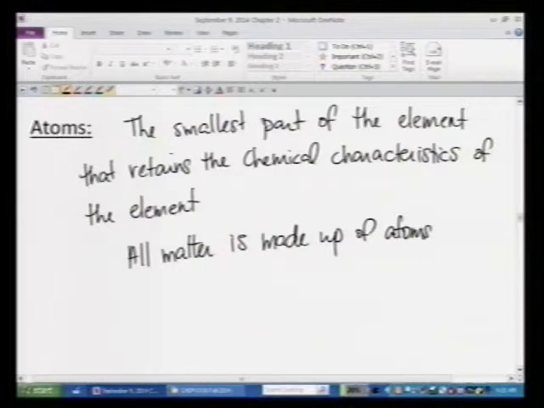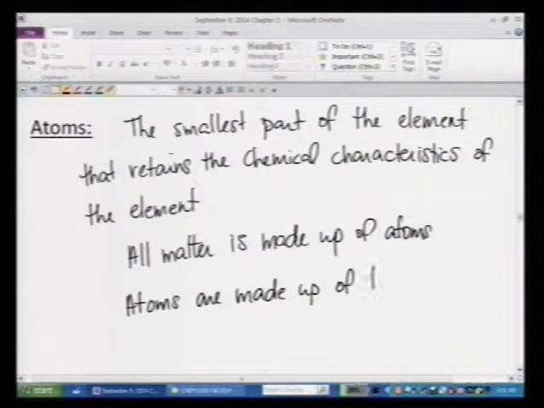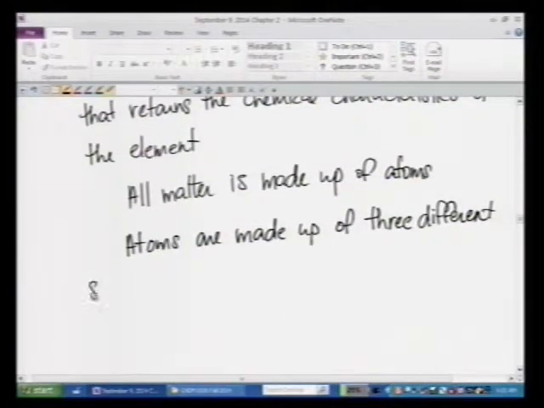Atoms are made up of 3 different subatomic particles.